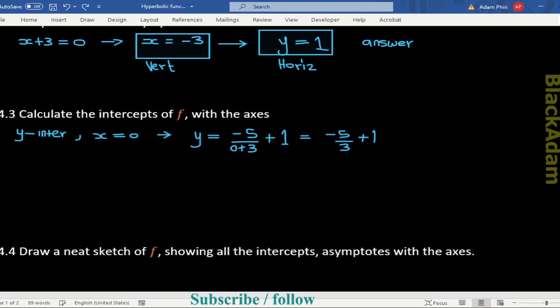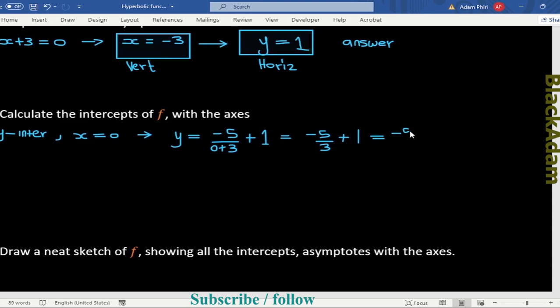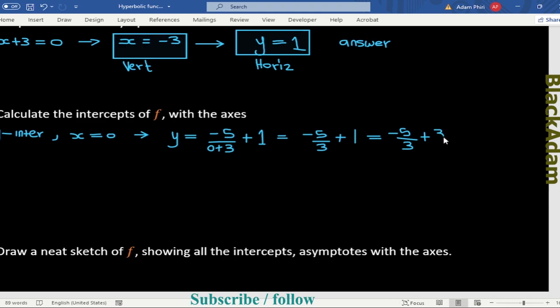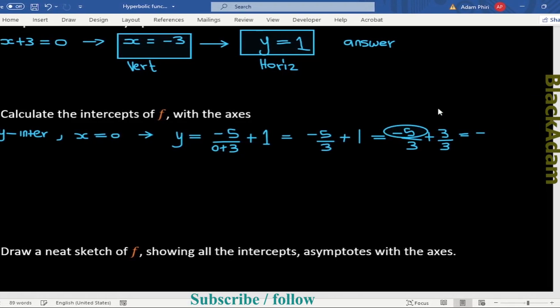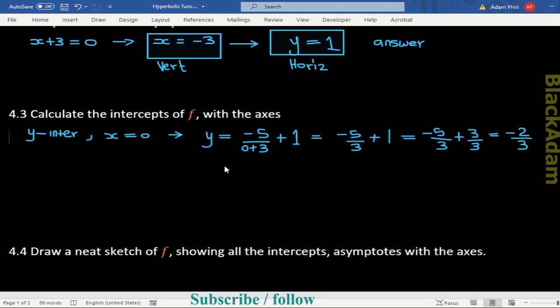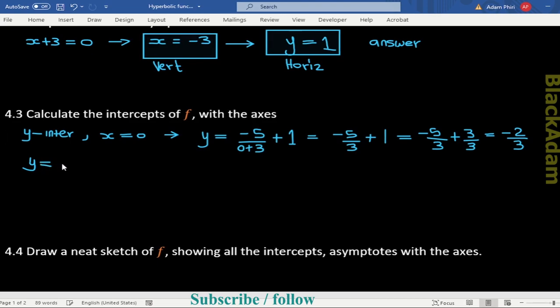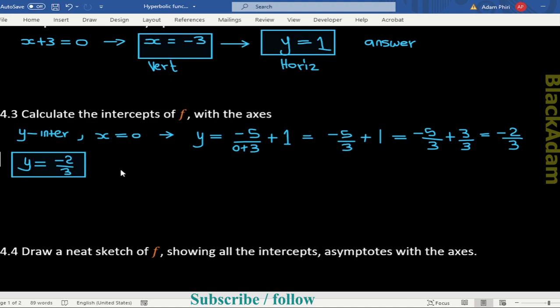Because the denominator is 3, we make that 1 to be 3 over 3. So it's plus 3 over 3. Then we equate the numerators: negative 5 plus 3 is negative 2 over 3. So we share the denominator.